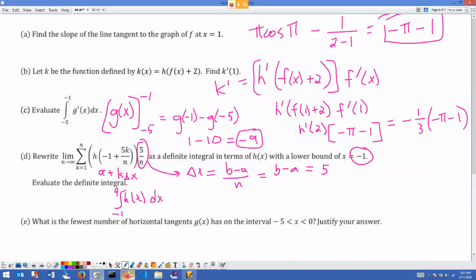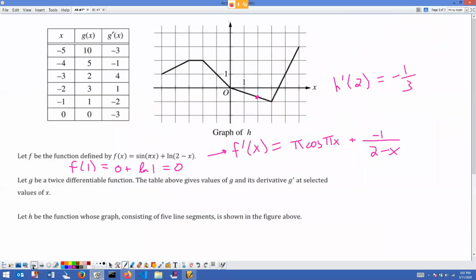Okay. So then we'll evaluate that integral from -1 to 4 of h, which means we're going to have to go back here and take a look at our graph. We're going from -1 to 4. First, we've got a triangular piece that's above. The area of that should be 1/2 base times height, or just a half. It's above the x-axis, so that should be positive.